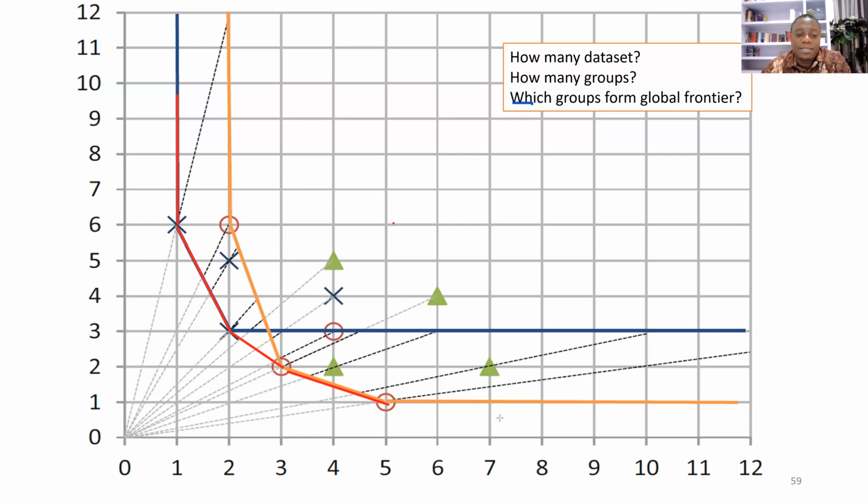They would have formed that there. Which frontier or which group is totally enveloped? Christabel, which group is totally enveloped? Doc.